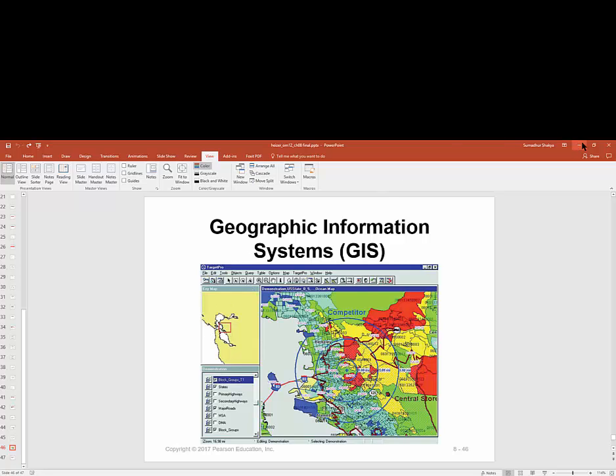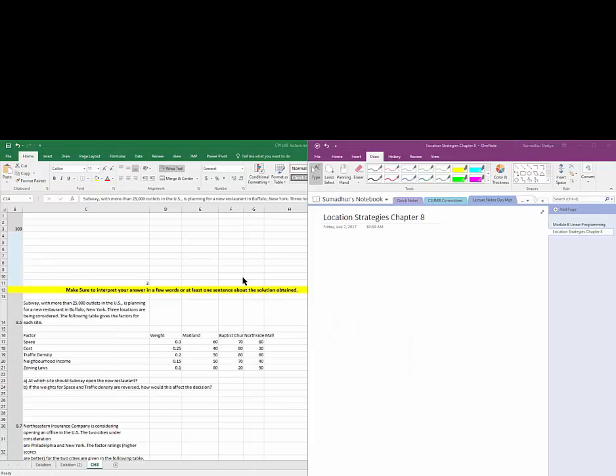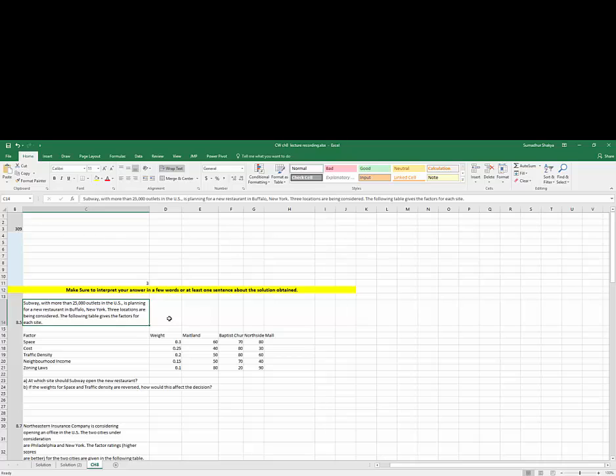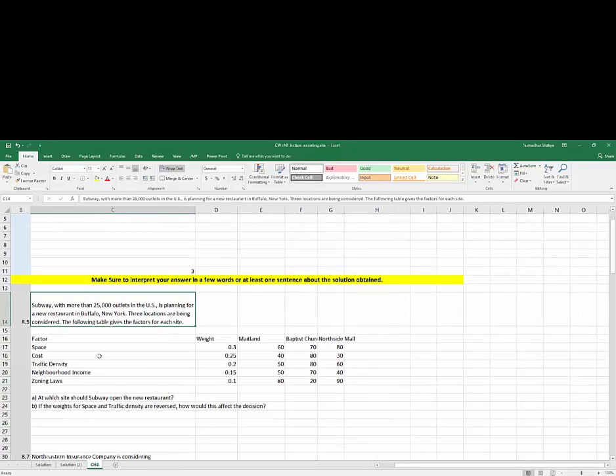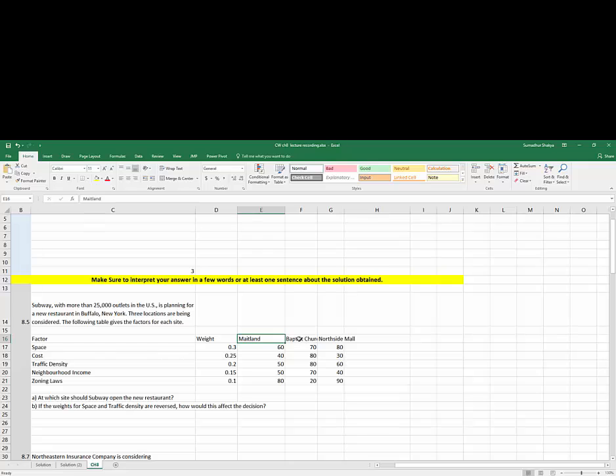Okay, let's get started with our chapter. The first problem we are going to do is problem 8.5, wherein we are given a location decision for a Subway, where they're trying to decide between three options: Mainland, Baptist Church, and Northside Mall. The weights are given to us for different categories: space, cost, traffic density, neighborhood income, and zoning laws.